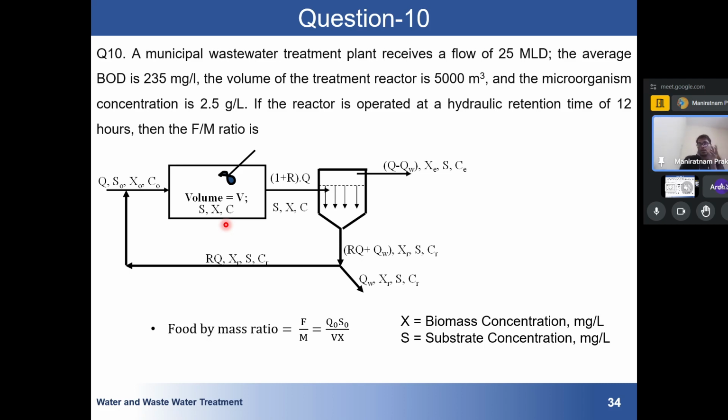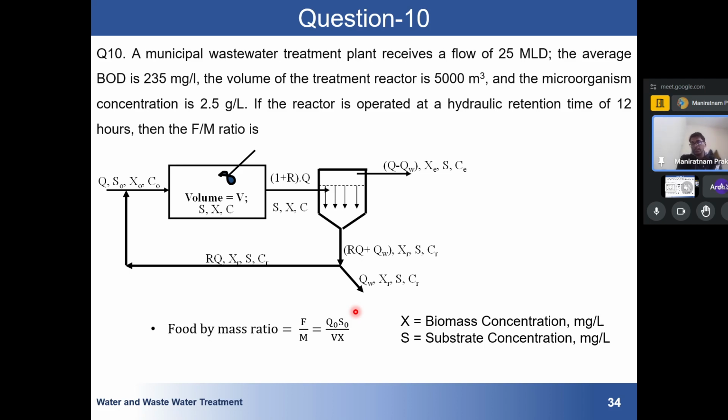Food is what is coming from the wastewater. Remember, there is no direct way to measure organic matter present in your system. The best way is to measure the BOD of the system. If you know the BOD, you know the organic matter present in the system.